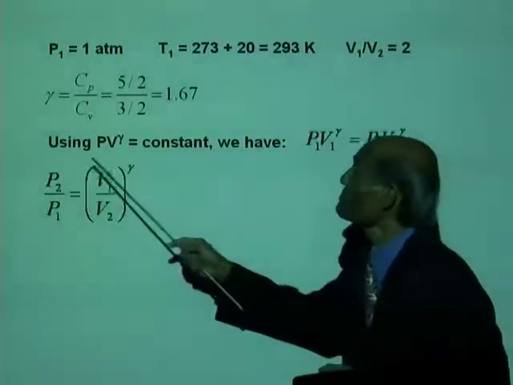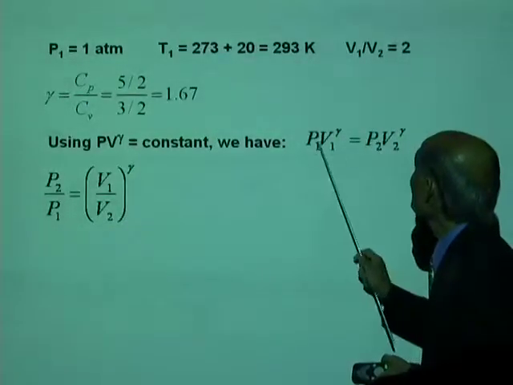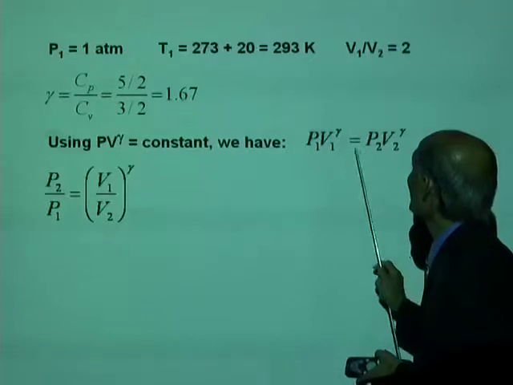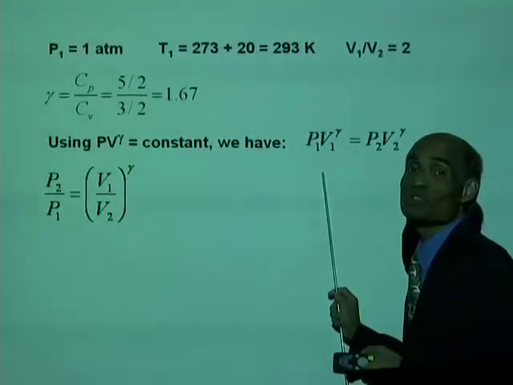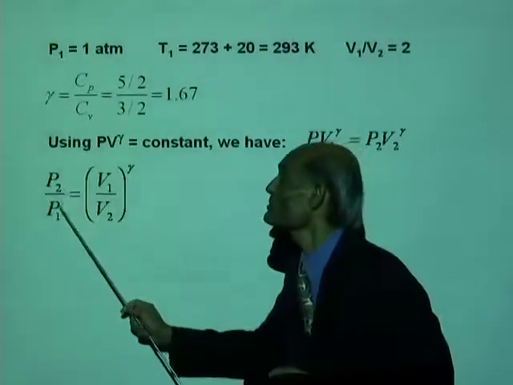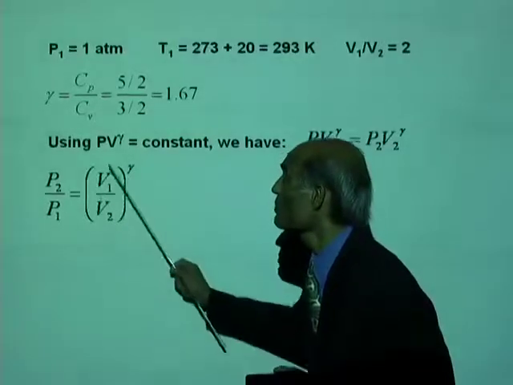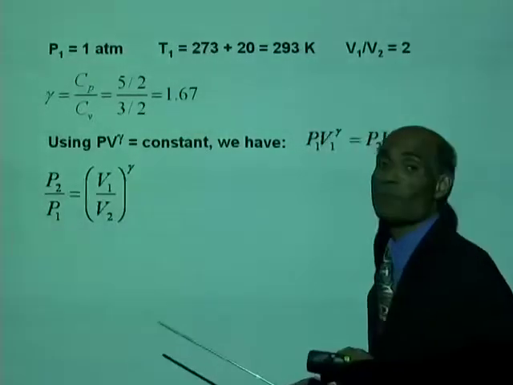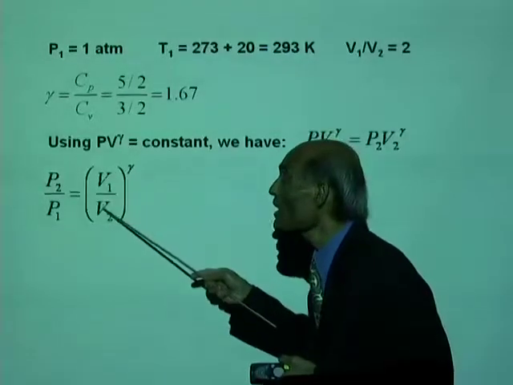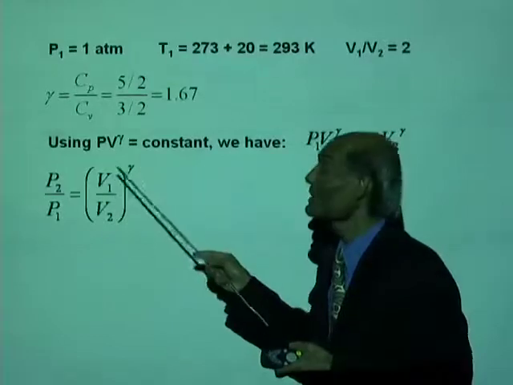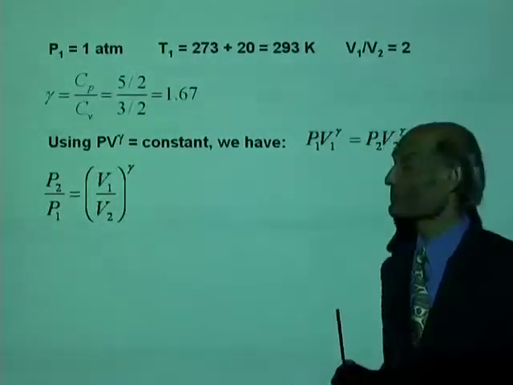Okay, can you rewrite this equation so that it contains the quantity V1 over V2? Yes, it will be P2 over P1. You can see here, P2 divided by P1 will be V1 to the power of gamma divided by V2 to the power of gamma. Or P2 divided by P1 is V1 divided by V2 all to the power of gamma. And now you know V1 over V2, you know gamma, you know P1, therefore you can find P2.